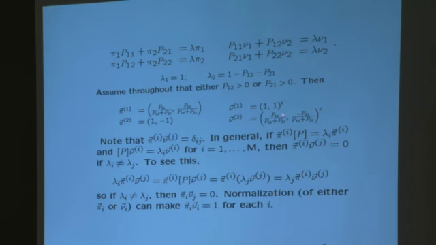You get P21 times P12 over the sum squared minus P12 times P21. It's 0. Same thing here, 1 minus 1. That vector times this vector is 0 again. So the cross terms are 0. The diagonal terms are 1.